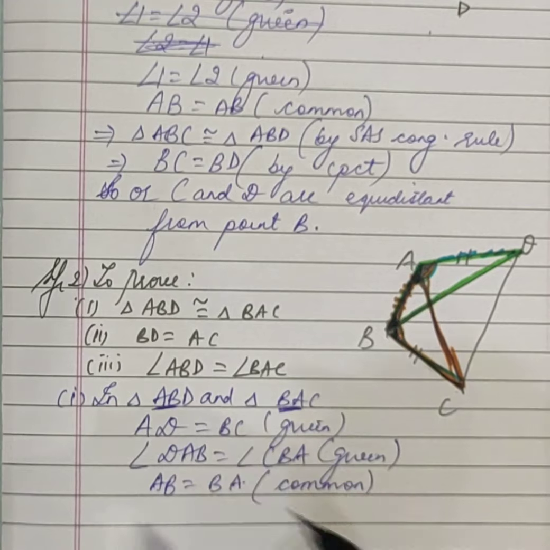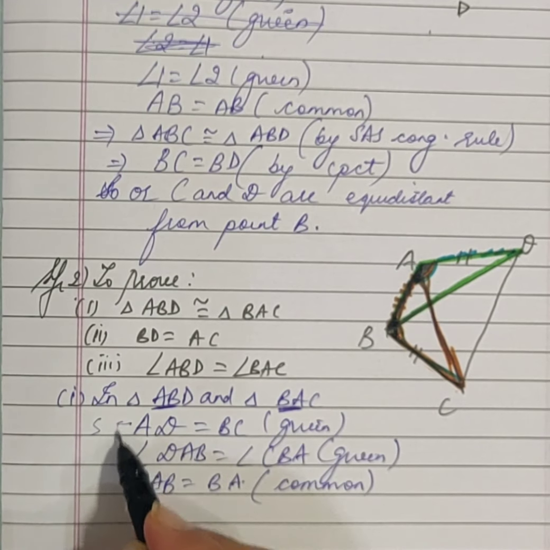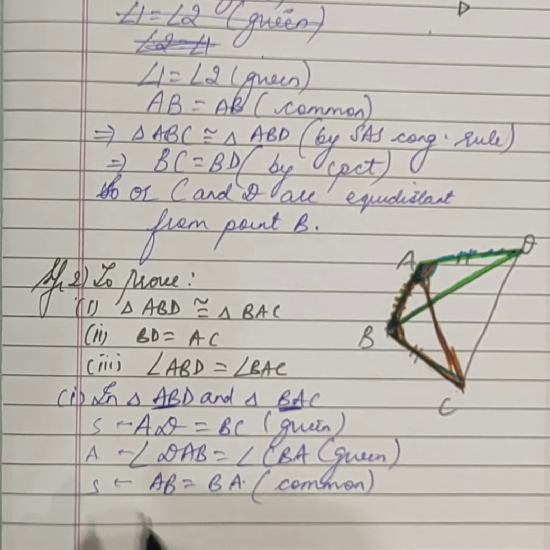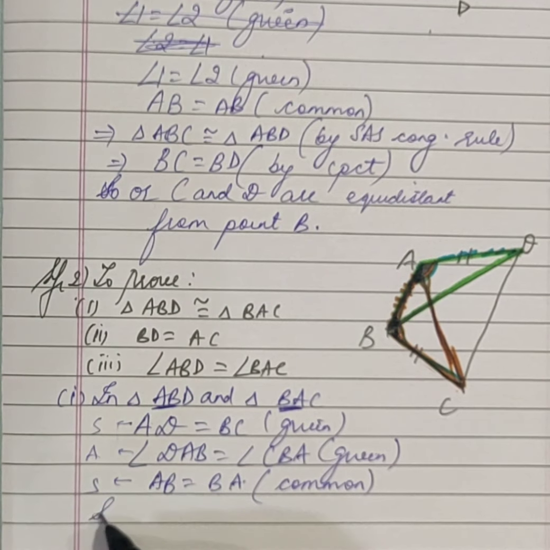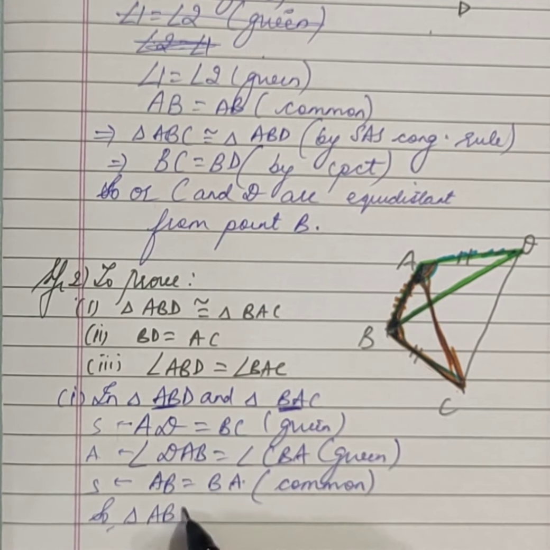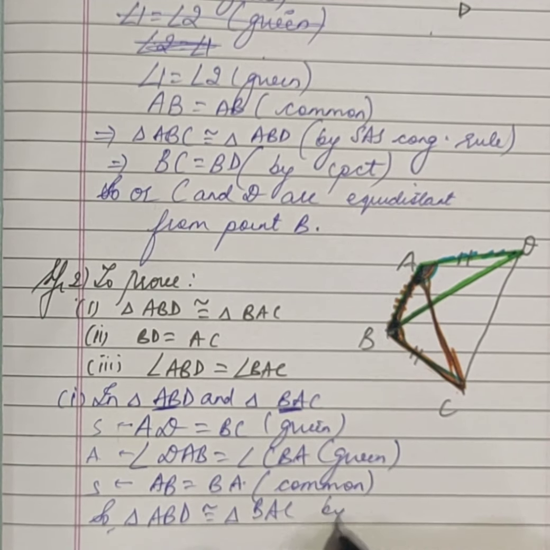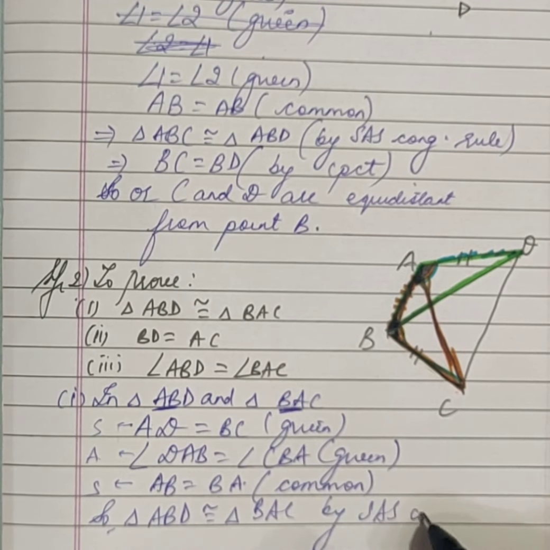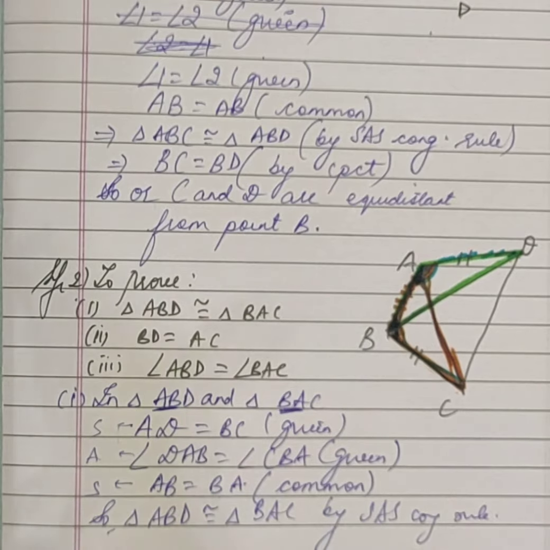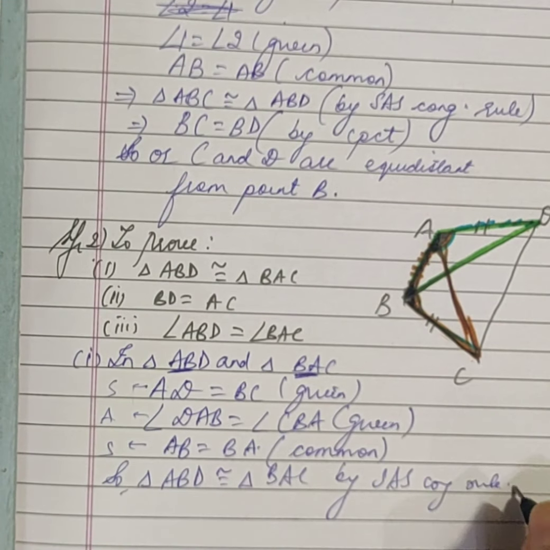Try to write these conditions in order. This is side condition, this is angle condition, this is side condition. So, triangle ABD is congruent to triangle BAC by SAS congruence rule. That's it, hence proved.